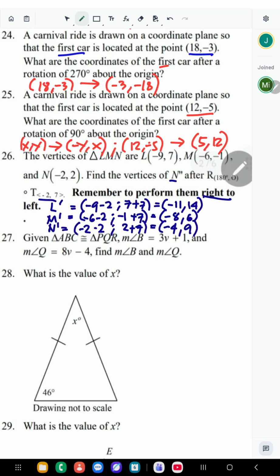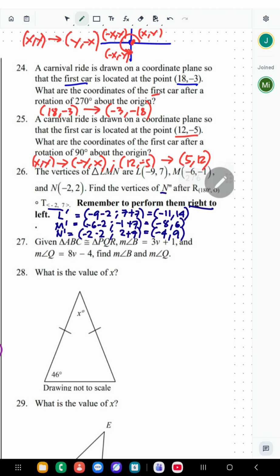Yeah. N prime. So 180 about the origin. So this one is translation by negative 2, 7. Okay. Then we will rotate this about the origin.